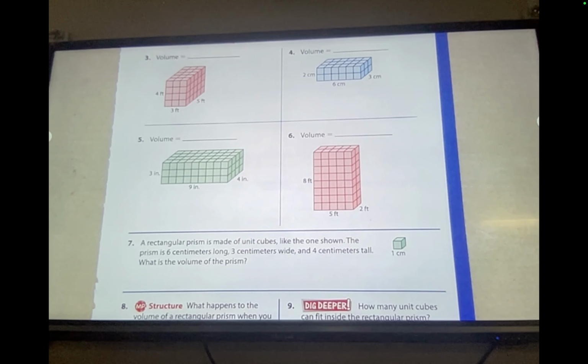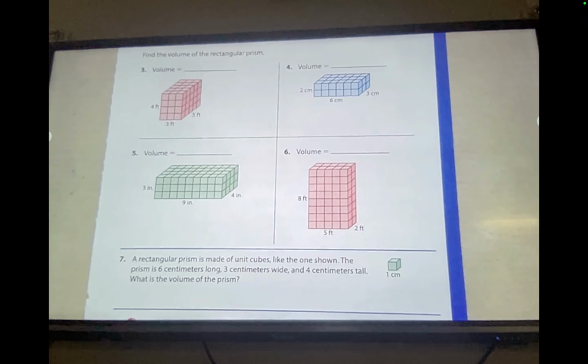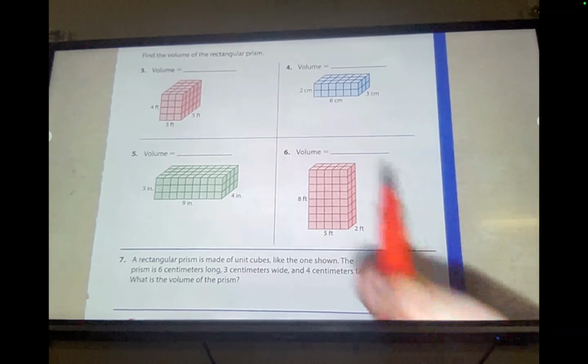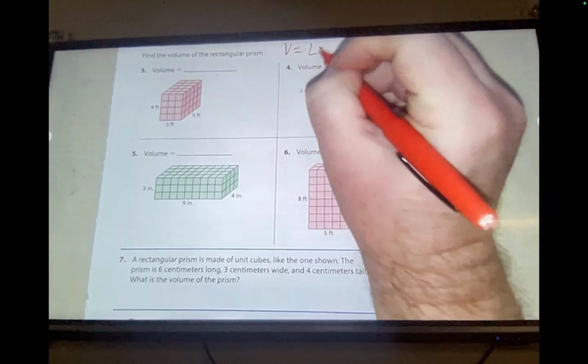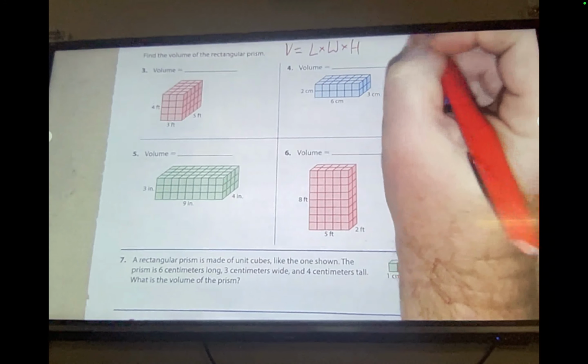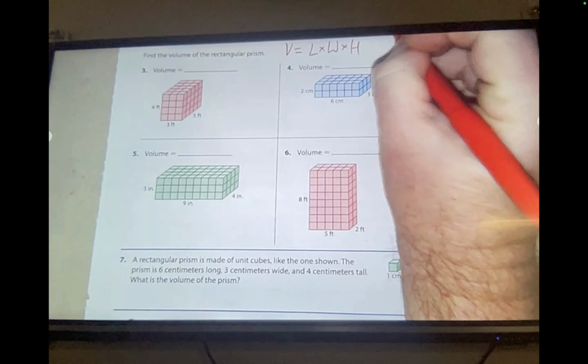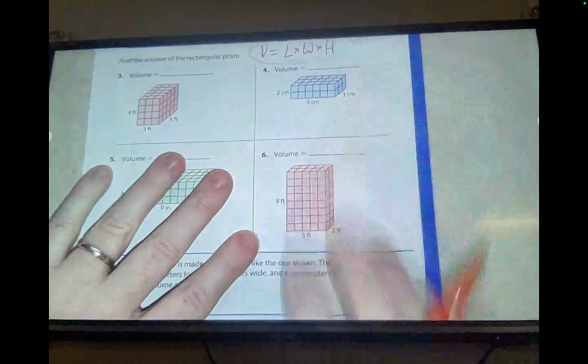All right, so let's look at these 4 questions real fast, make sure we're good. And so starting with the first one, remember, volume equals length times width times height. That's the most important thing, right? But also remembering that we have to put the cubed or the 3 in our units. So remembering those 2 things are the most important things.